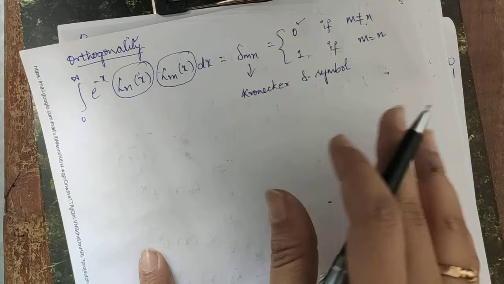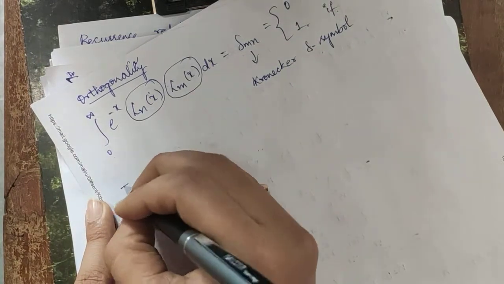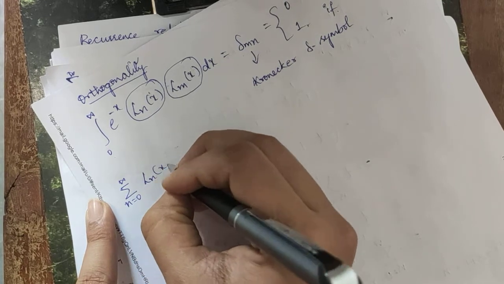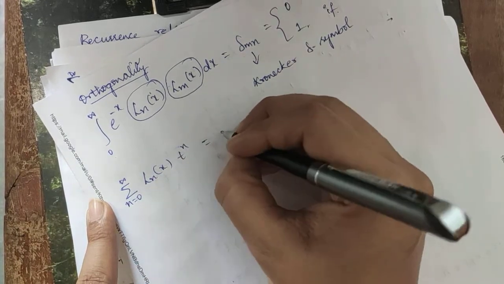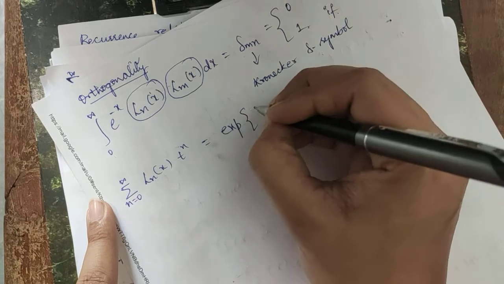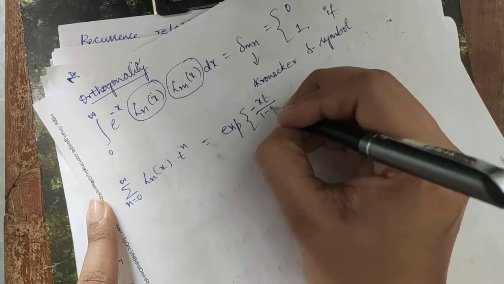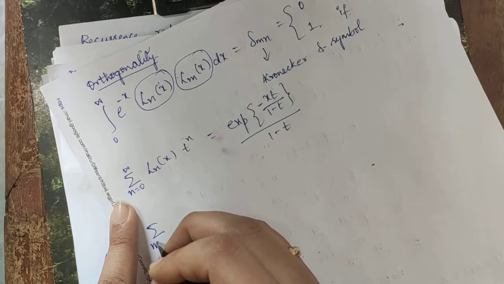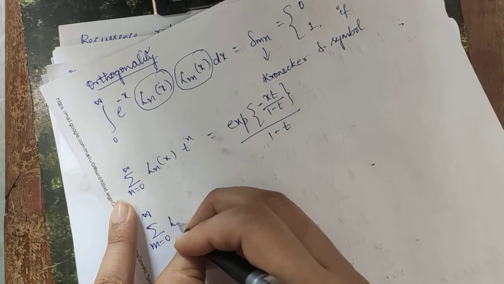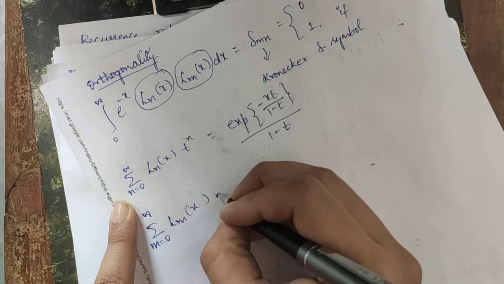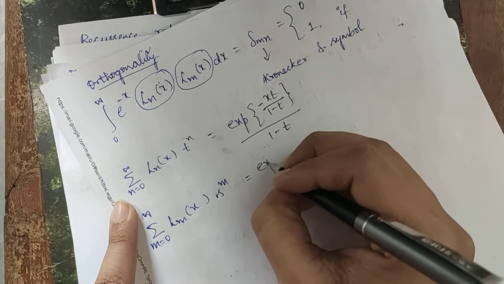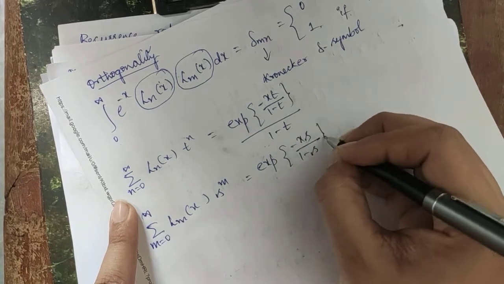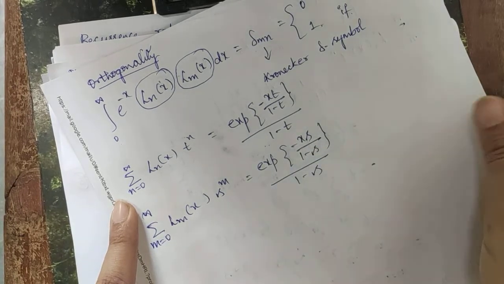of generating functions, right? So we have generating function summation n is equal to 0 to infinity Ln of x into t power n is equal to exponential of minus xt by 1 minus t whole divided by 1 minus t, and summation m is equal to 0 to infinity Lm of x into s power m is equal to exponential of minus xs by 1 minus s whole divided by 1 minus s.